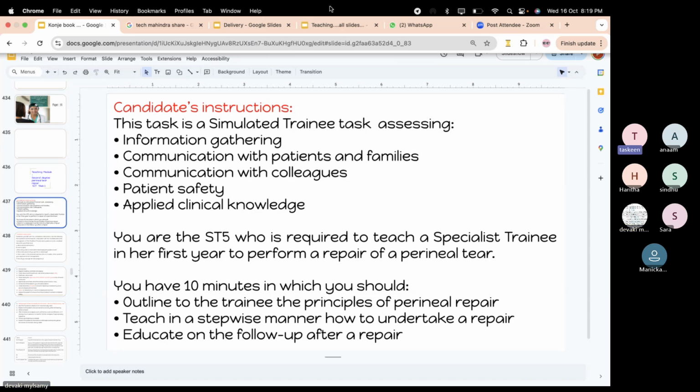Yeah. So once we are going to repair a perineal tear in the patient, first of all, we'll communicate to the patient, check her identity, whether she's the patient we're going to repair, as well as explain to the patient what we're going to do, how much time it will take, maybe 20 minutes or 15 minutes, and take the consent from the patient. Once it is done, thereafter we'll see whether the patient is on some analgesia.